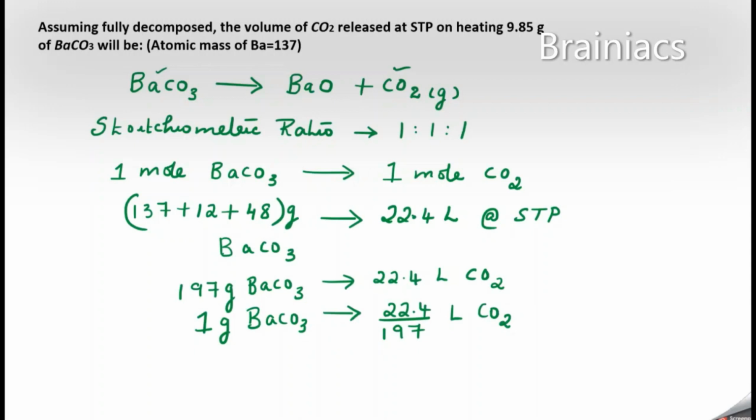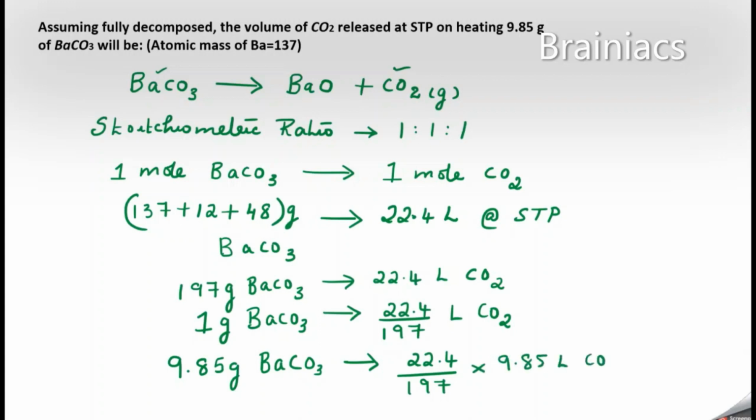Now we need to convert this 1 gram to which value? 9.85. What you need to do? You should multiply by 9.85 on both sides, LHS and RHS, so that this will become 9.85 gram barium carbonate, okay, will give you 22.4 divided by 197 into 9.85 liter CO2.